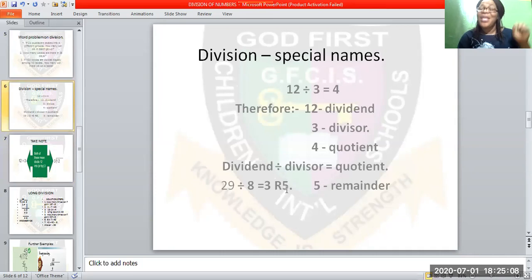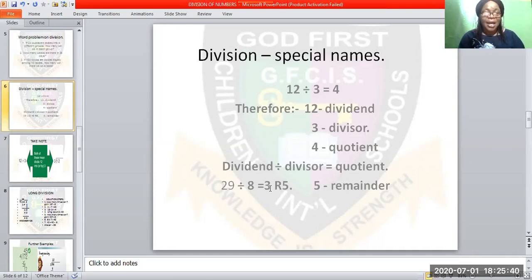Beautiful. Now, if there's a remainder, it means the leftover after each group has been sorted out. That remainder is called remainder, symbolized with capital R. So 28 divided by 8, that is 28 is the dividend, 8 is the divisor, and 3 is the quotient.